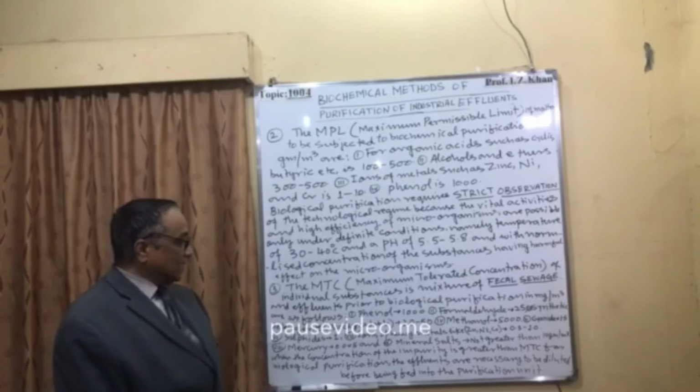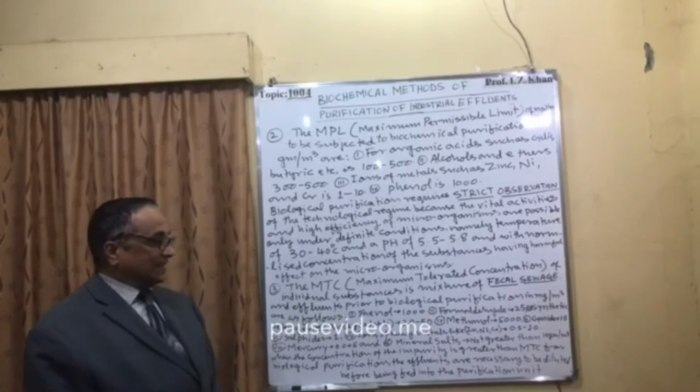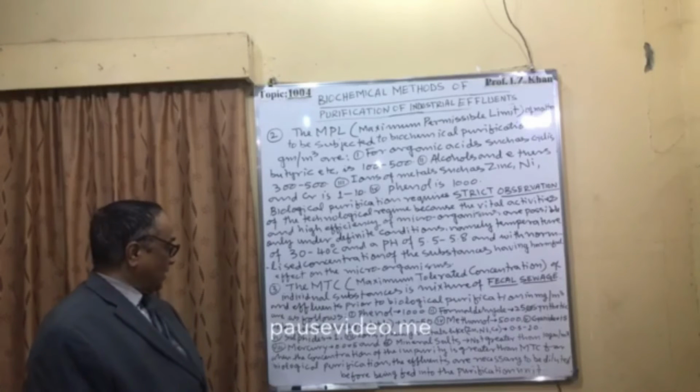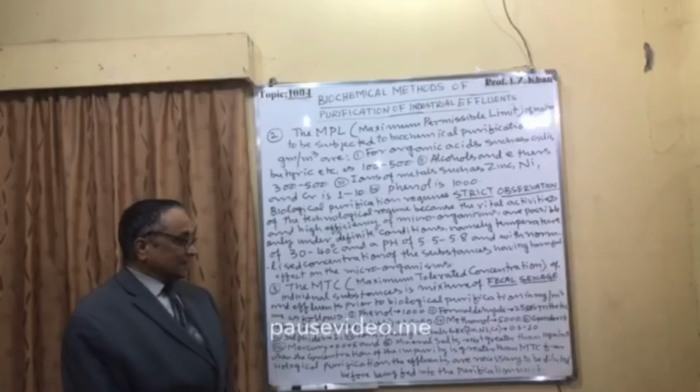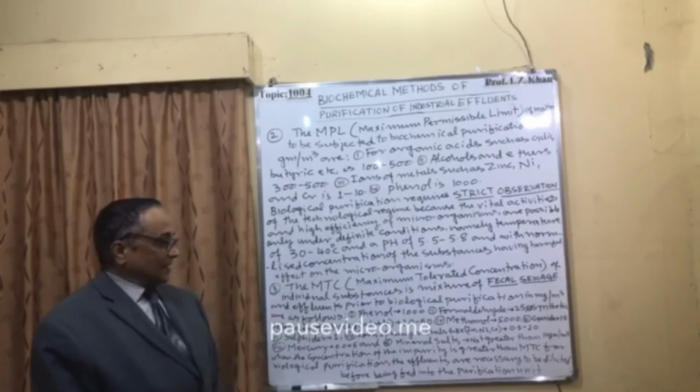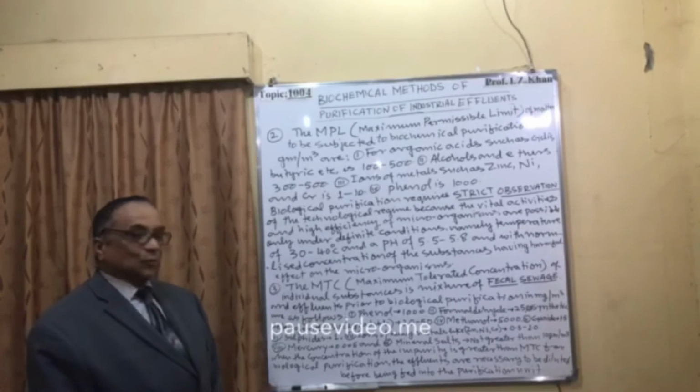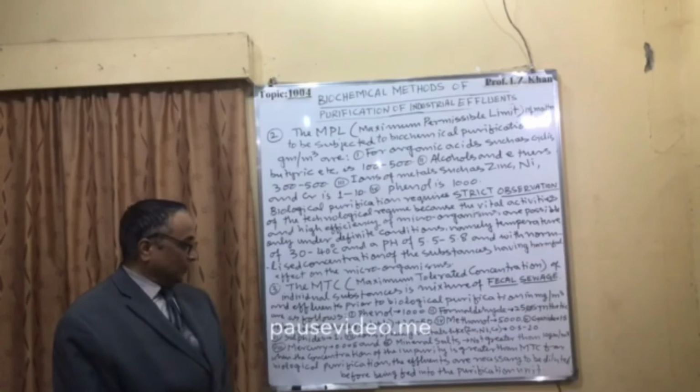When the concentration of the impurity is greater than MTC, for biological purification, the effluents are necessary to be diluted before being fed into the purification unit.